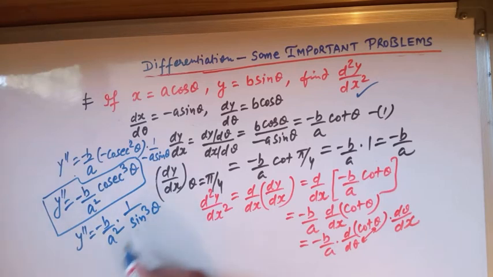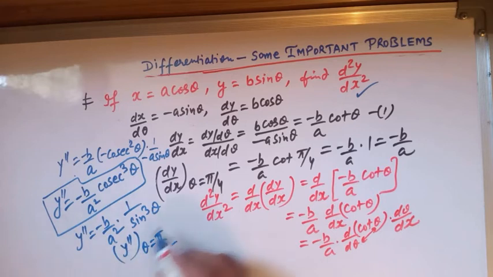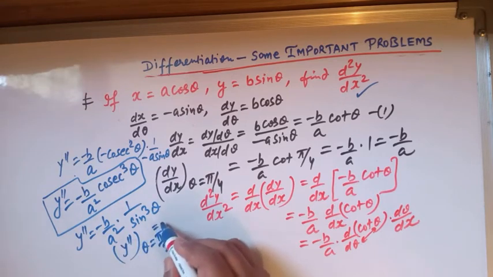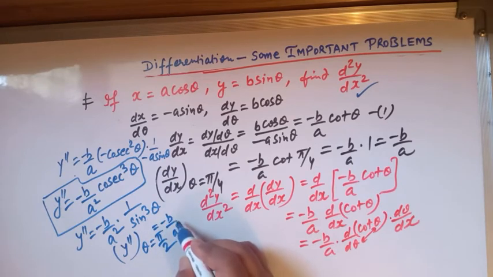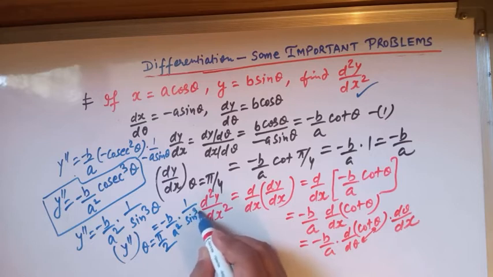Clear? Suppose we have to find the value of that second derivative at theta is equal to, say, pi by 2. Then what will happen? We will have equal to minus b over a square multiplied by 1 over sine cube of pi by 2. Clear?